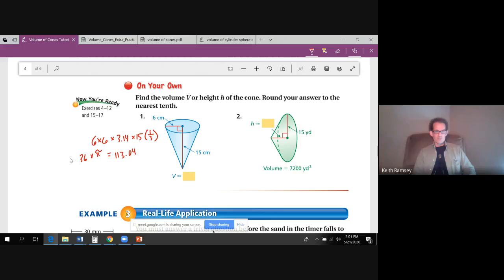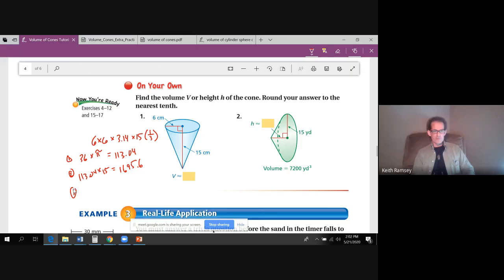So here's step 2. This is kind of step 1. Here's step 2. 113.04 times 15. And that's going to equal 1,695.6. Okay, there's one more step. We have to multiply it by 1/3, or you could just divide it by 3, which is the same thing.